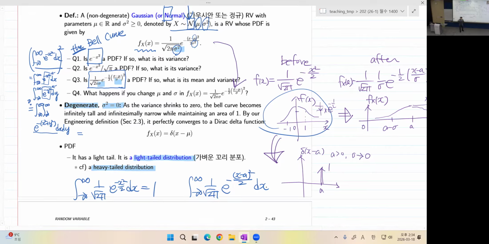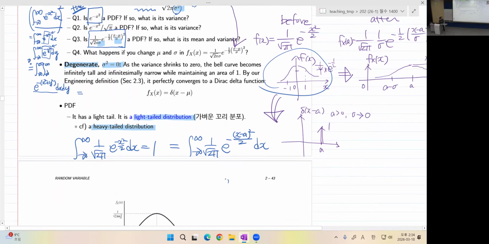And since the graph shifts, the total area doesn't change. So you still have 1, right? And now you already learned in your high school math what happens if your function gives you integration 1, but if you scale it, then what is the value?